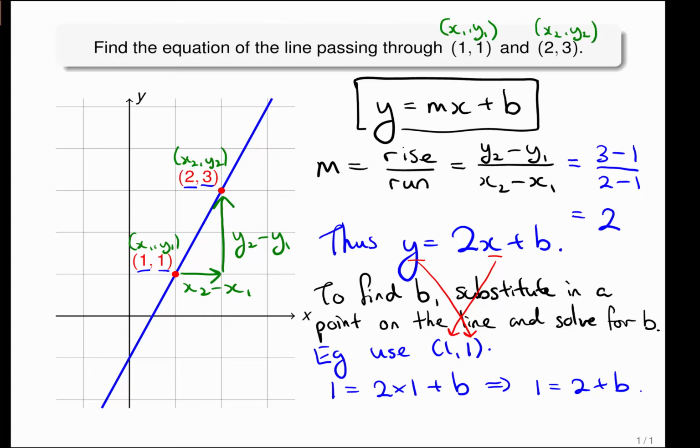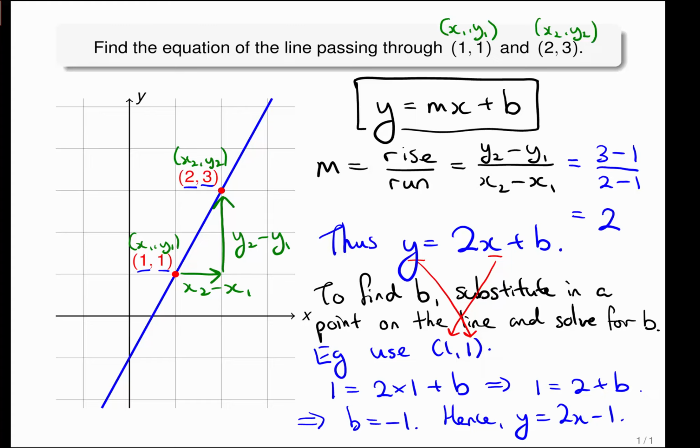Subtracting off 2 from both sides, we therefore get b to be negative 1. Therefore, the y-intercept is negative 1, confirming what we know from earlier. Hence, this time, we found the equation of the line without having to sketch or read off a graph.